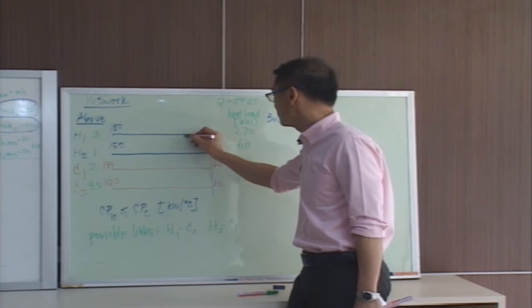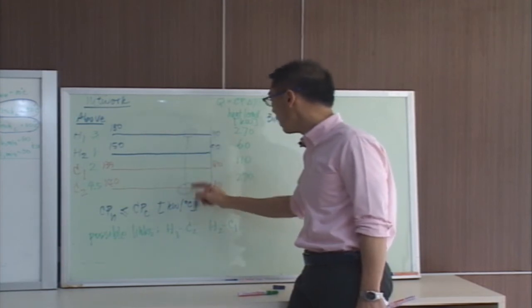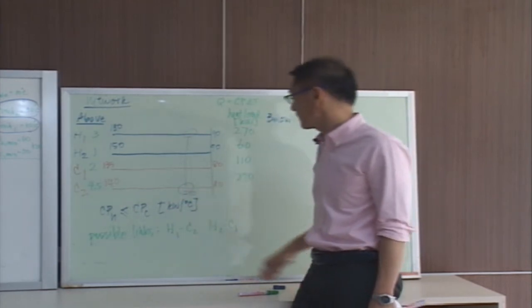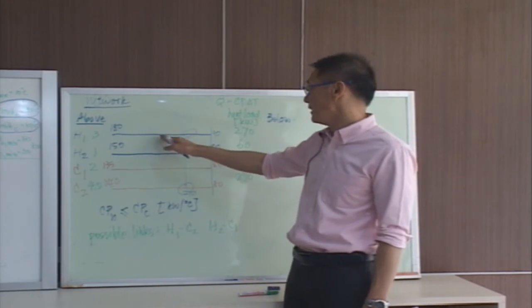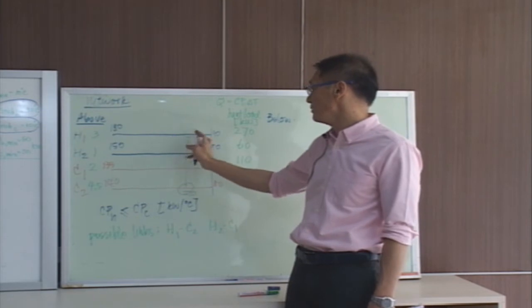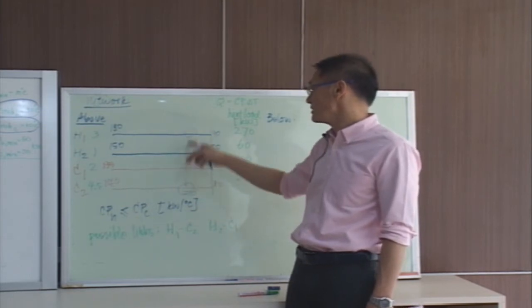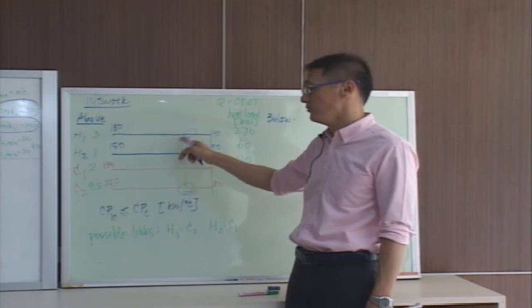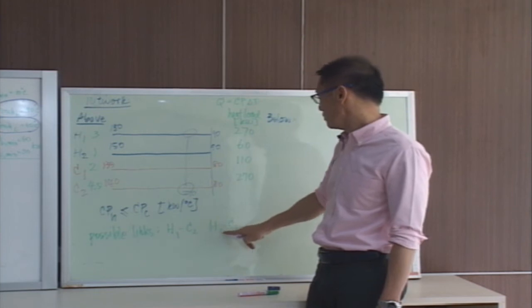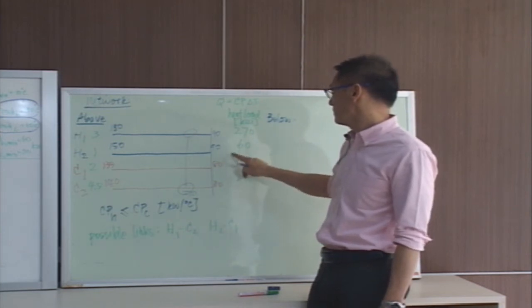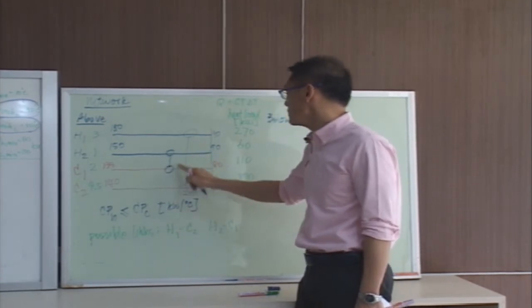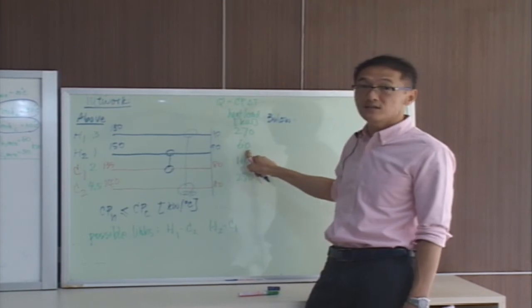So this link will consume all the heat load of 270. So you don't need to consider the exit temperature of this heat exchanger, because they consume all the heat required for these two streams. How about this side? The last is H2 and C1. If I put the link here, H2 contains only 60 kilowatt.